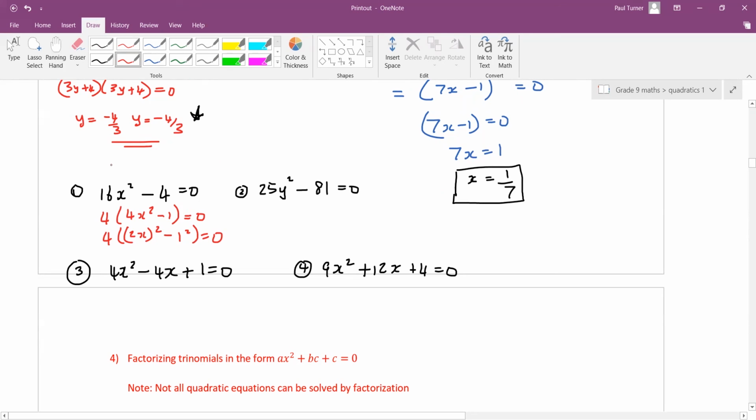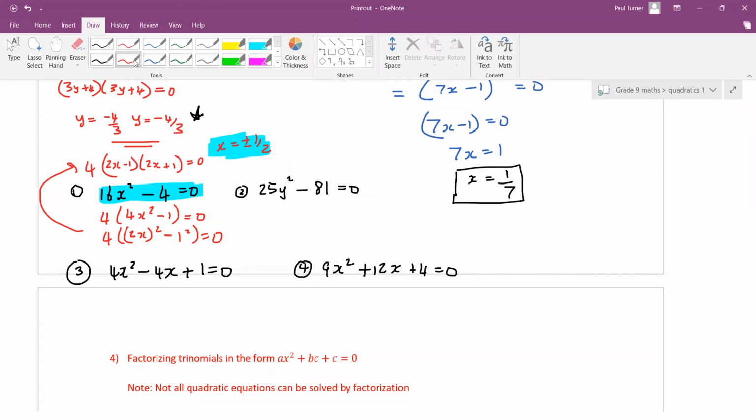So I'll write that up here. So just, and there's a 4 in front too here, equals 0. So you can see here, x will be plus or minus a half for the answer. So for this question here, you should get plus or minus a half for this one. So the same idea for question 2.